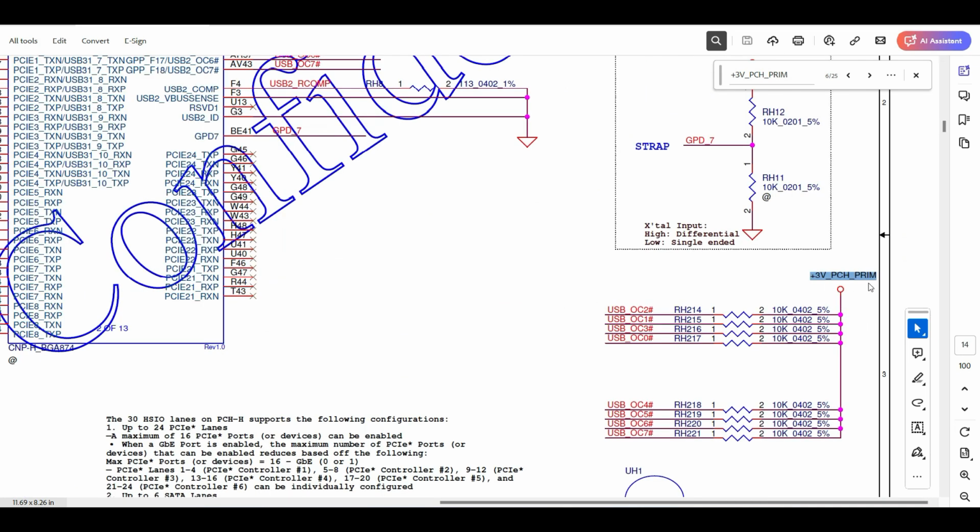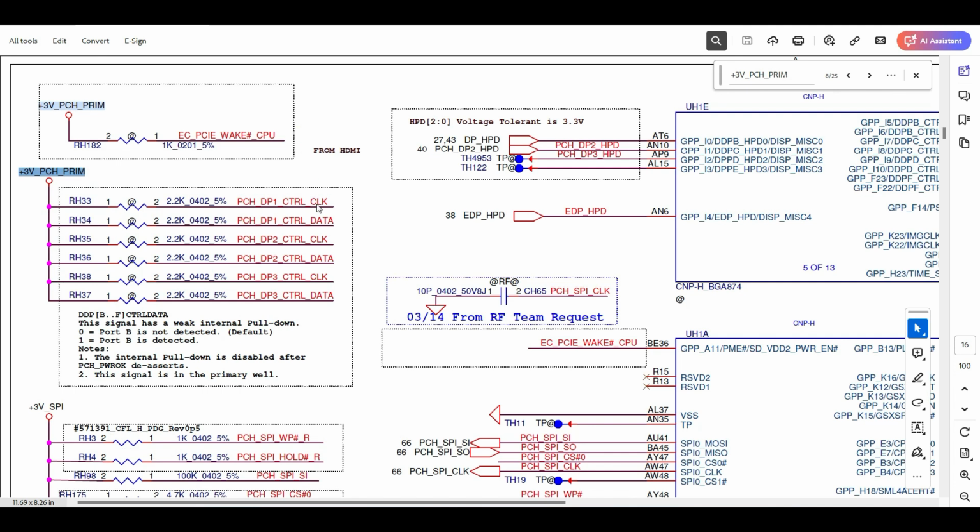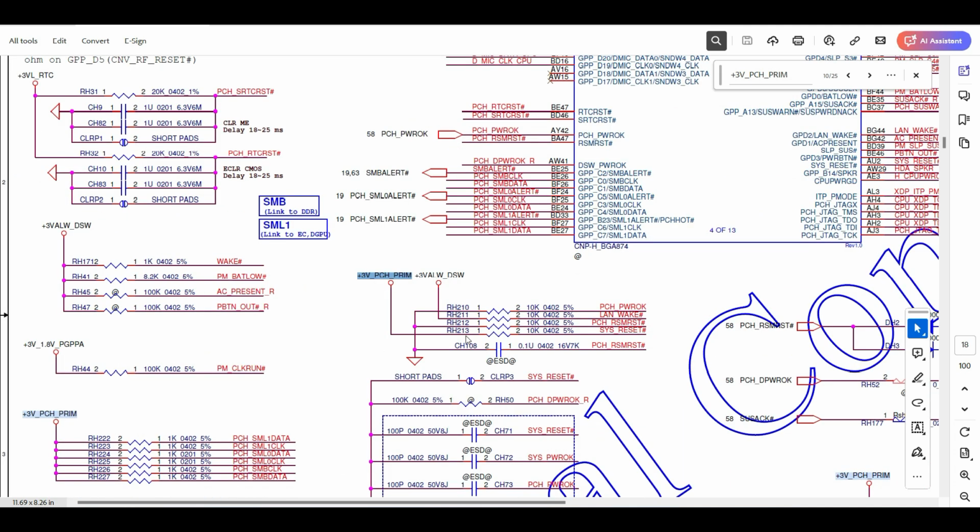See, using this PCH prime, all these USB related signals are released. Here also PCH control clock data, see DP1, DP2, DP3, all related to PCH prime. Here also PCH wake, PCI wake. See here always is converted as DSW, right? So using that, here LAN wake hash, and using this, here system reset hash is generating.